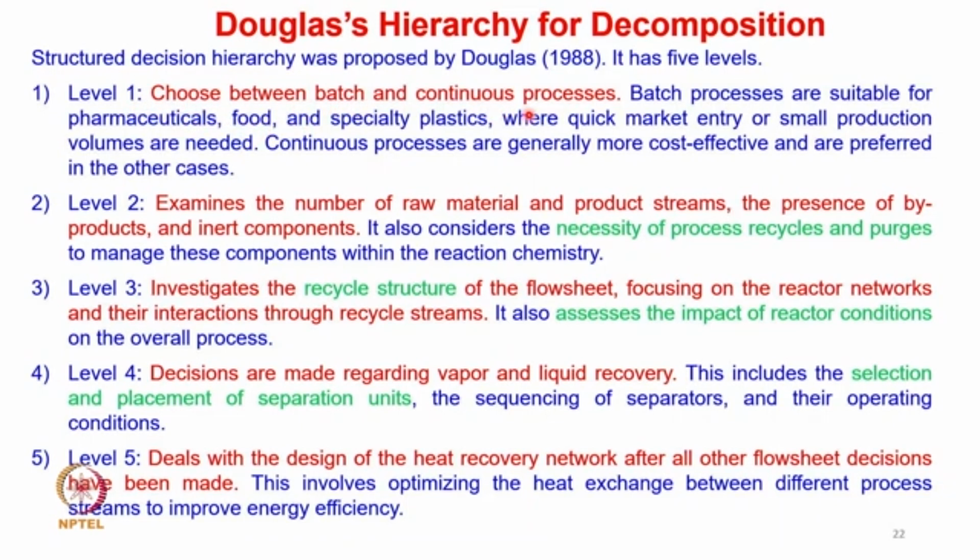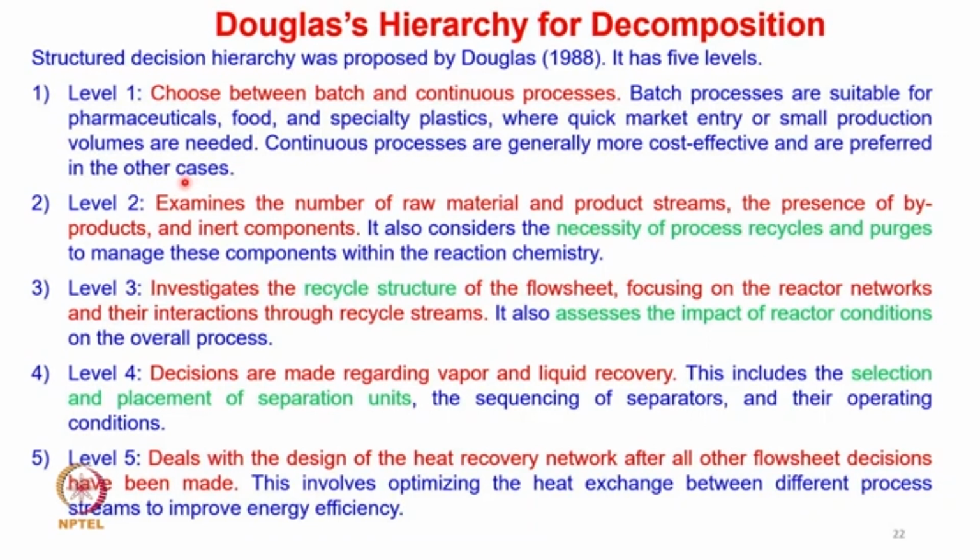Typically, batch processes are used for pharmaceuticals, food and specialty plastics, where quick market entry or small production volumes are needed, whereas continuous processes are generally more cost effective and are preferred in other cases where a large amount of product has to be produced continuously and the demand is present over the years.